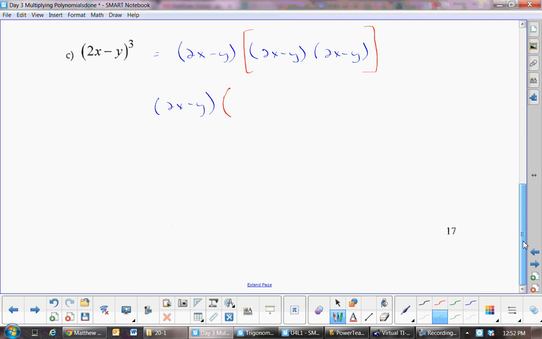What 4-letter word will I use? Be careful. FOIL, yes. Okay, so 2x times 2x, 4x squared, 2x times y, negative y.